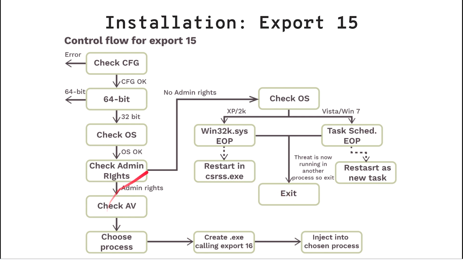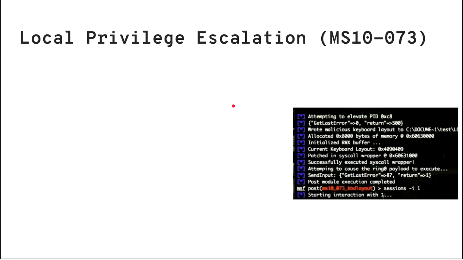So no matter what the path is, Export 15 ends with a process running with elevated privileges and the ability to call Export 16. So Export 16 will be called either here, here, or here. To further understand how Stuxnet managed to elevate its privilege and run as administrator, let's check this specific vulnerability exploited by Stuxnet for privilege escalation.